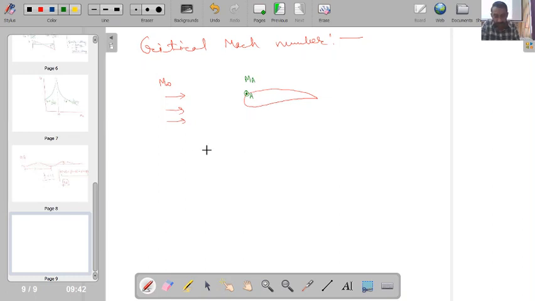Okay, so now there is this thing. If my M infinity is equal to 0.3, then corresponding to this I will find that the local Mach number at point A is 0.435. Okay, if my M infinity is equal to 0.5, corresponding to that M_A will be 0.772.